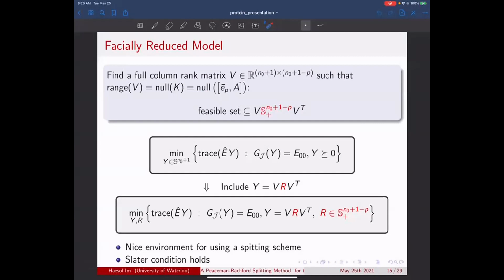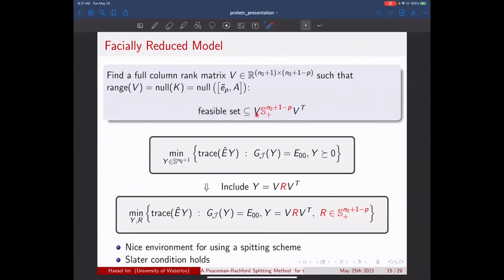Okay, so let's apply this observation to the model. What we do first is to find this matrix V, and I'm going to pick V so that it has orthonormal columns, and also the range of V is equal to the null space of K, the exposing vector. So that we have the feasible set always stuck in this slice of a positive semi-definite cone.